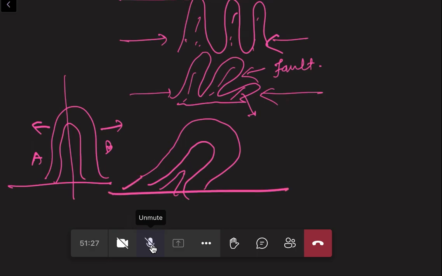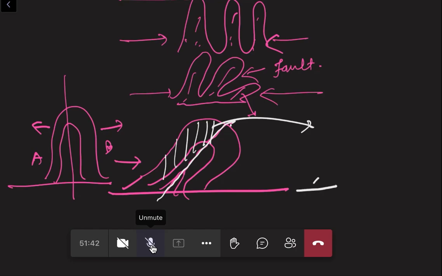Sometimes the pressure is so high that it ruptures. The fold gets ruptured at the center, and half of the part gets thrown in front of it. So this part remains here, and the other half goes beyond, above it.